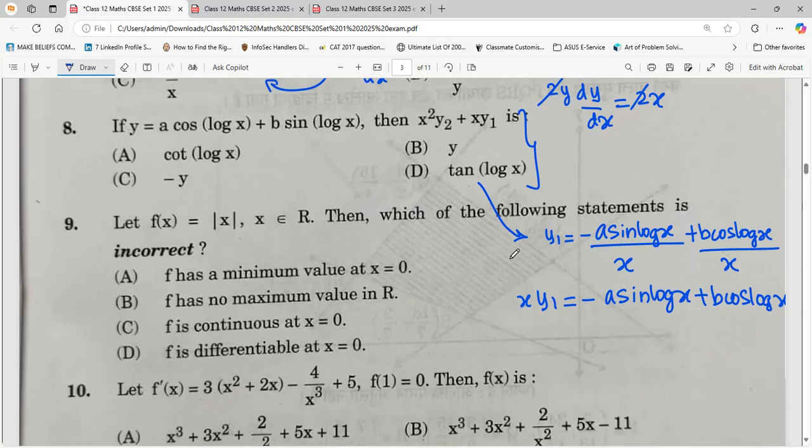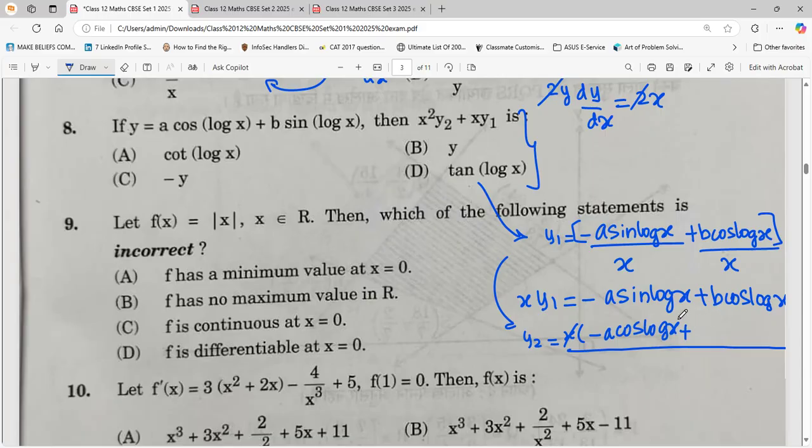And y2 is equal to, you need to use the u by v formula. u dash is the whole of this numerator, so it becomes minus a cos log x divided by x. The x and x get cancelled.